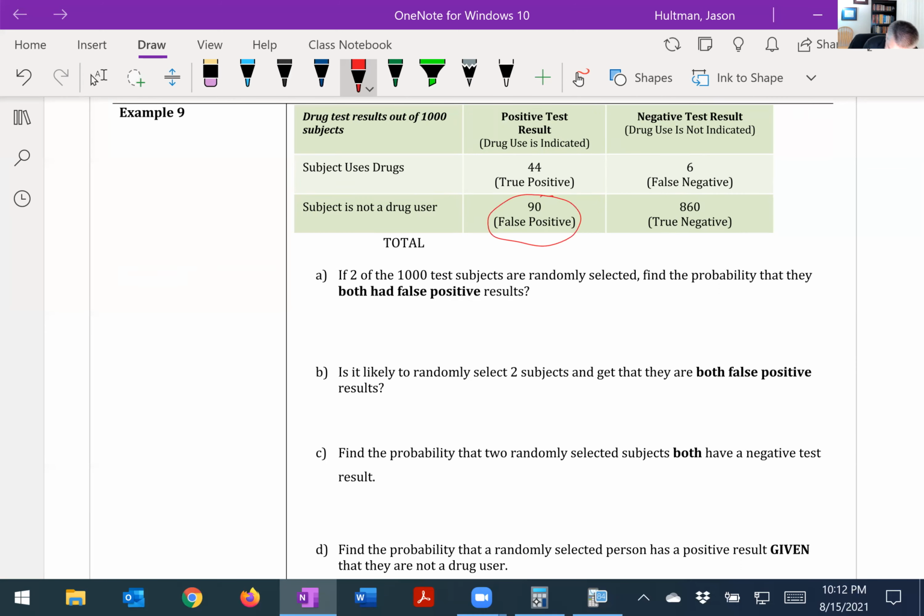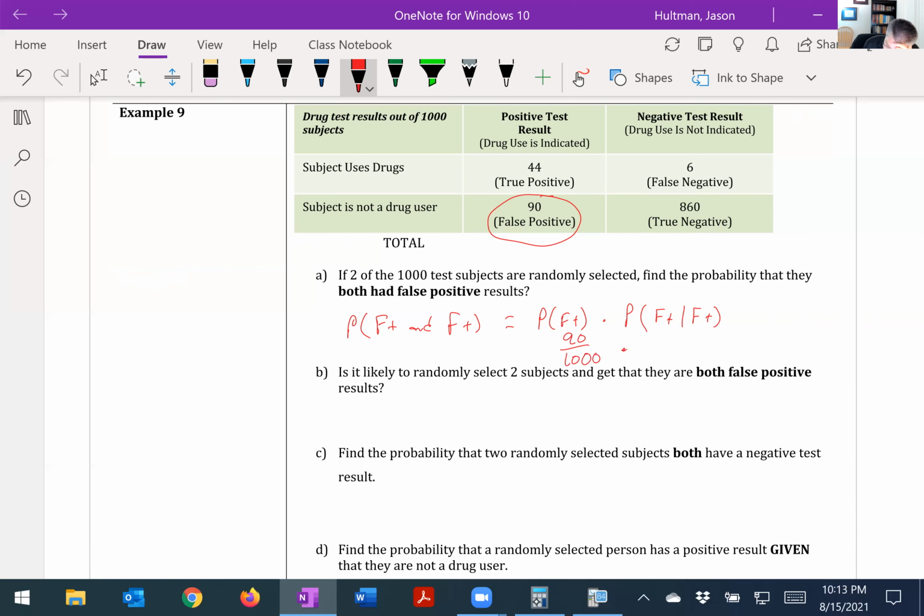The false positives are 90, right? So for the first one, I want the probability of false positive and false positive. That is the probability of getting a false positive times the probability of getting a false positive given false positive. The probability of getting a false positive is going to be 90 over 1,000.